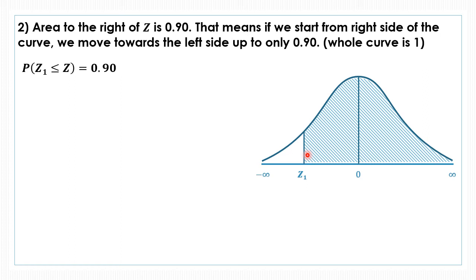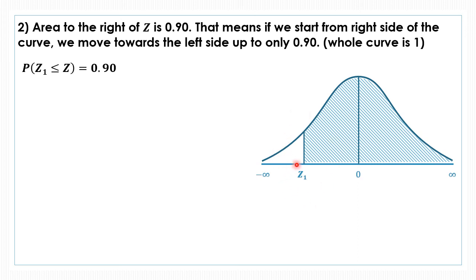Now remember guys, while drawing this curve you just have to take an estimated highlighted area. If it is 0.90, you just have to take any point somewhere here. It is not going to be a pinpoint accurate point. We don't actually calculate these areas directly, right? So just take an estimated point somewhere here. If it is 0.5, then it is this whole part, something like this. Take estimated values. You don't need to pinpoint the highlighted part of the area, but it should give us a general idea.